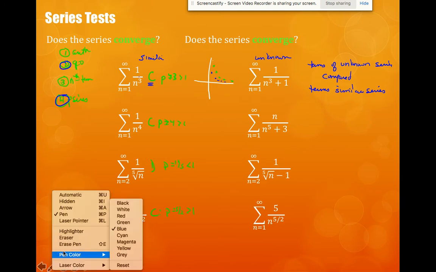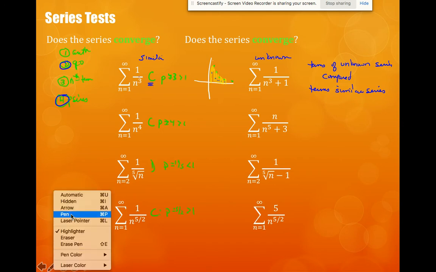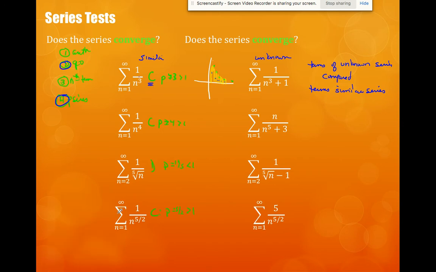Since you know the green p-series converges, and your unknown similar behaving function lies under it, each term lies under it, therefore the unknown, so I'm going to put a big 1 over, the similar is bigger than the unknown, and the similar converges.